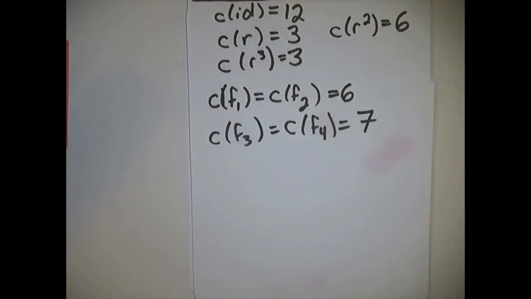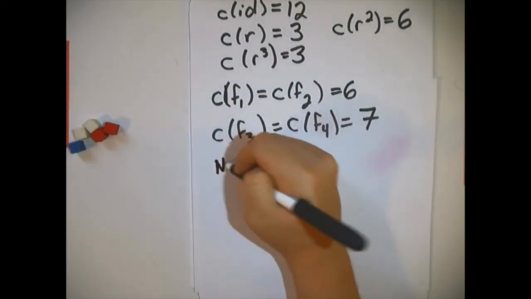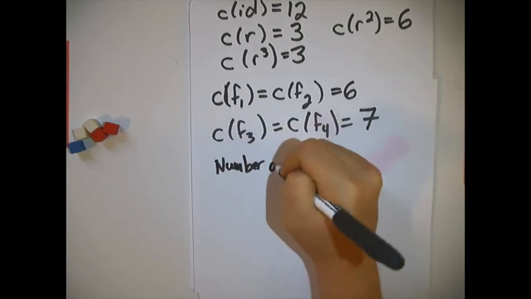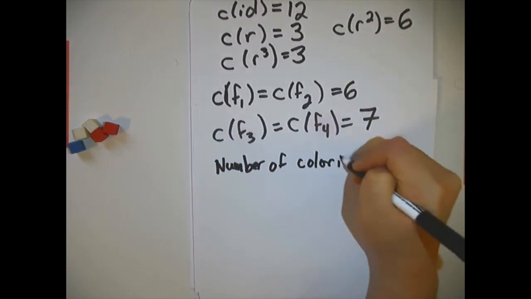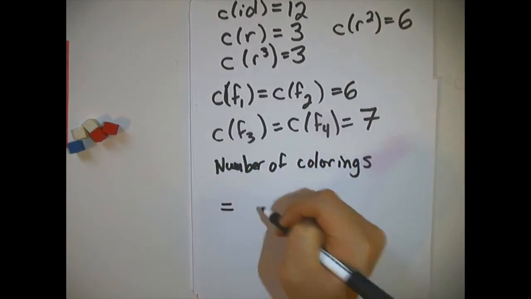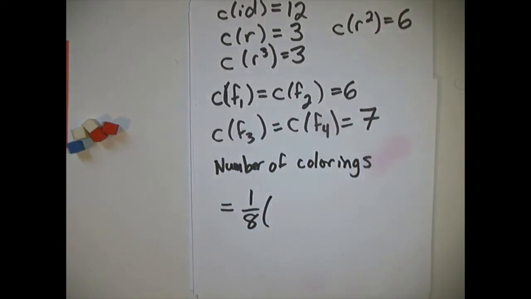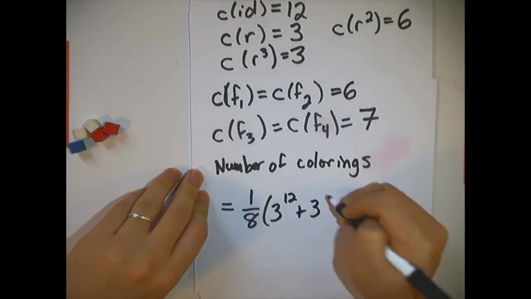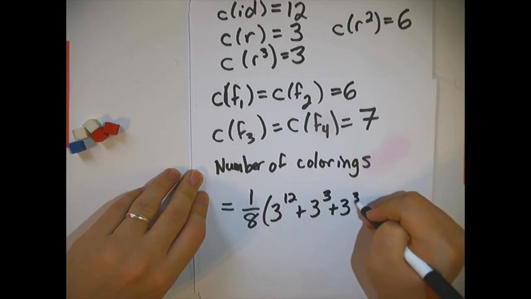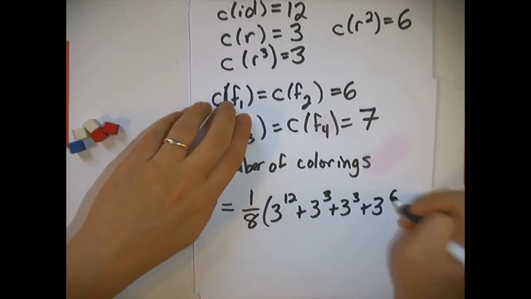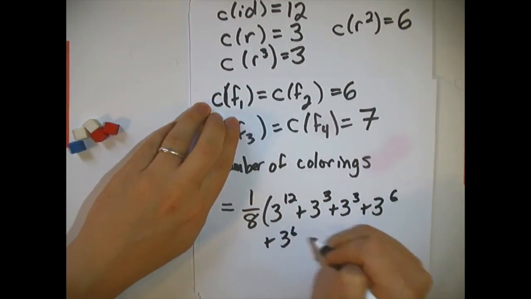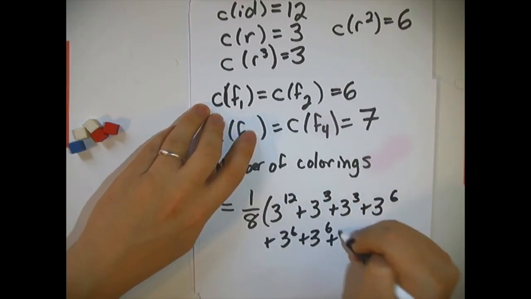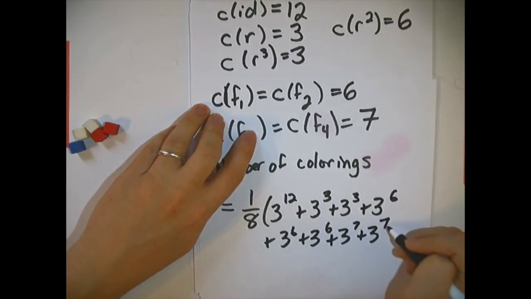So, namely, the number of colorings, again, remember these 3 colors, will be 1/8 of 3 to the 12th, plus 3 cubed, plus 3 cubed, plus 3 to the 6th, plus 3 to the 6th, plus 3 to the 6th, plus 3 to the 7th, plus 3 to the 7th.